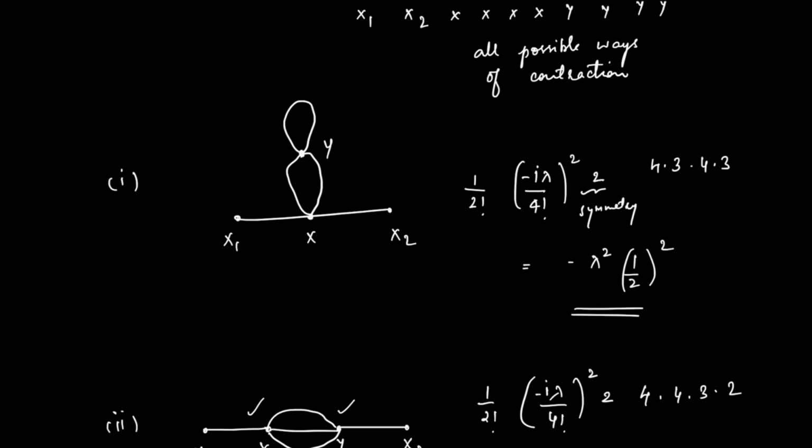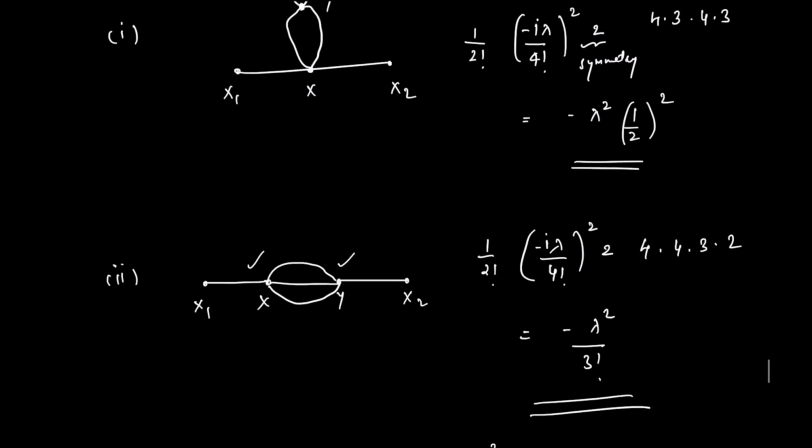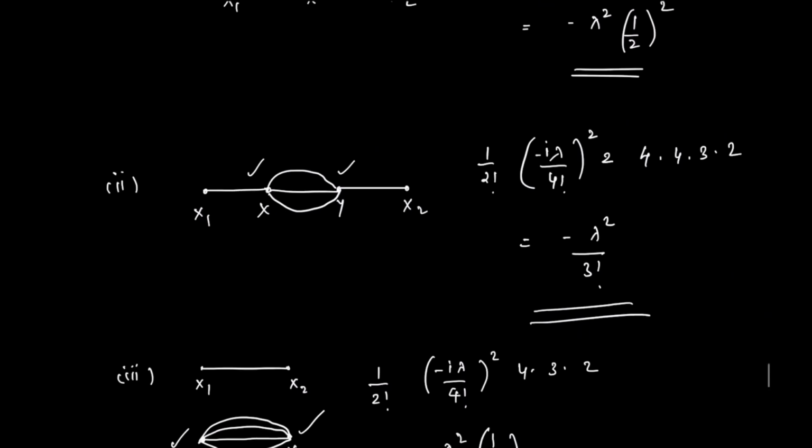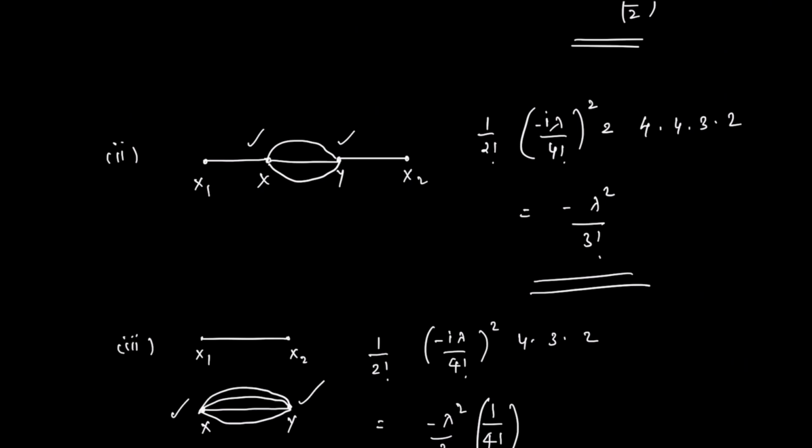Similarly, in the second diagram, the vertices x and y are not symmetric, okay, because x is connected to x1 and y is connected to x2. So we cannot say that they are symmetric. But between x and y there are 3 symmetric legs which can be interchanged. So this is one symmetric leg, this is one symmetric leg, this is another symmetric leg.